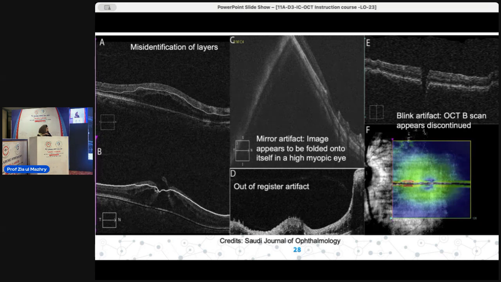Next, a mirror artifact can be present, which causes the image to be folded upon itself, or the scan is out of the picture, out of register. We are not going to have a scan here, for example, here. Next, a blink artifact may result in a straight line where the signal strength was missing and the image was not captured. We have to look if the OCT has any artifacts or not.